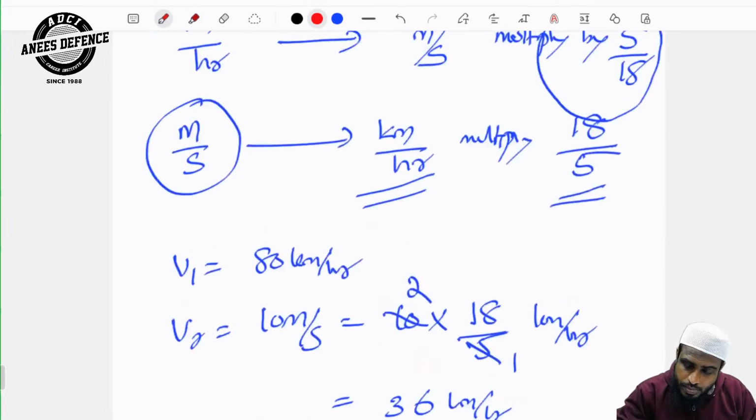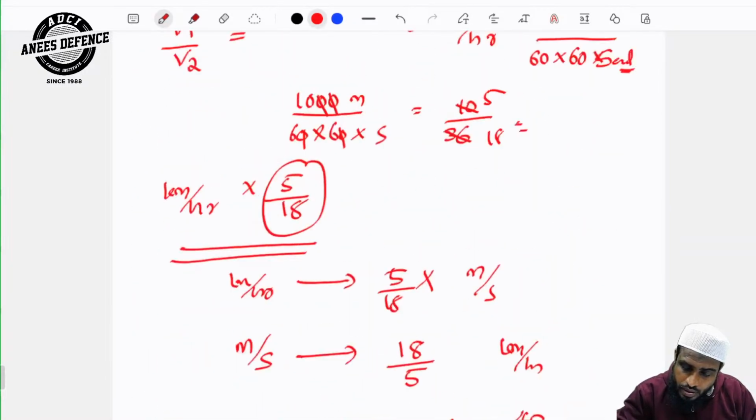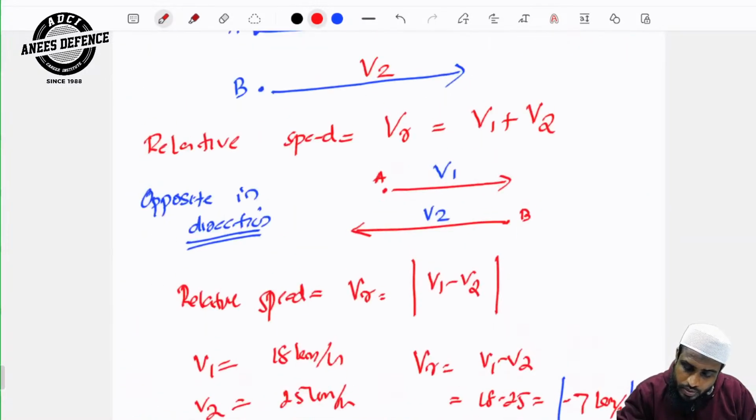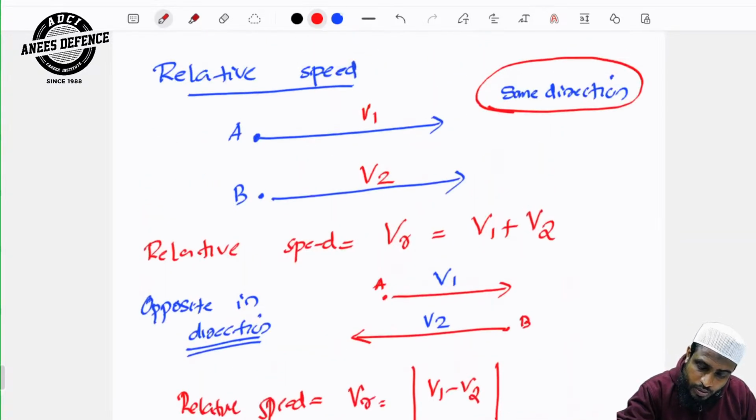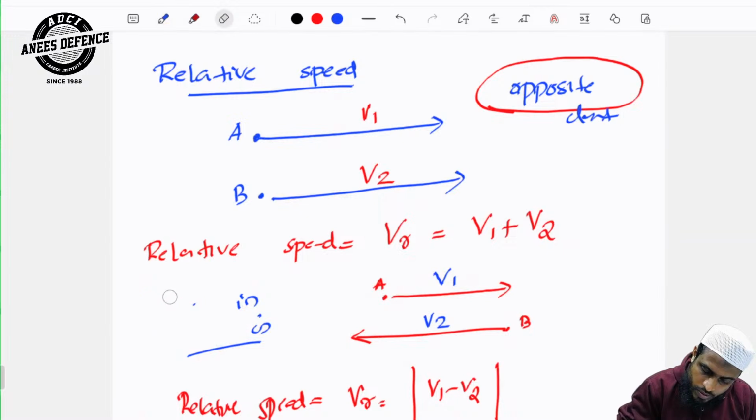So one concept we said in a wrong way. Sorry. Here it is relative speed. This should be in opposite direction, and this should be in the same direction.